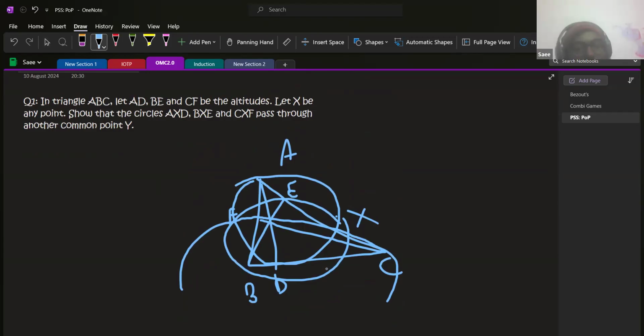So we have A and D are the right? So you want to consider X and B and E and C and F with X. So we just have three circles and we want to show that this.